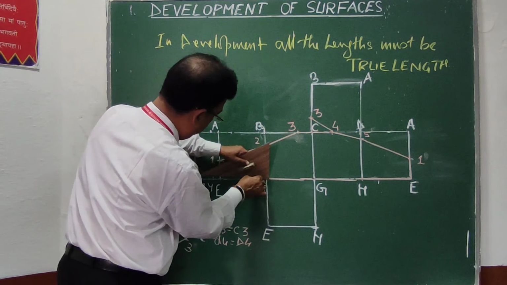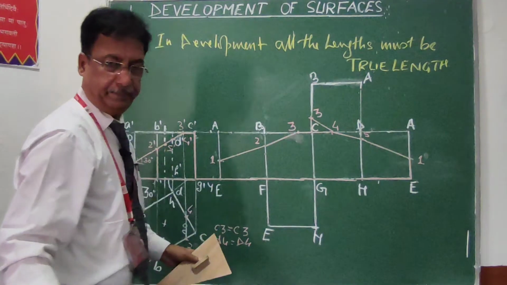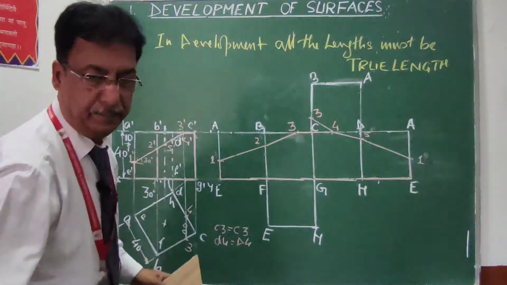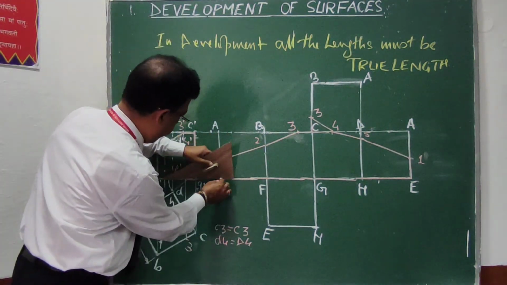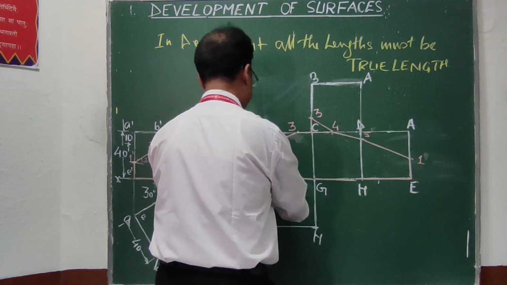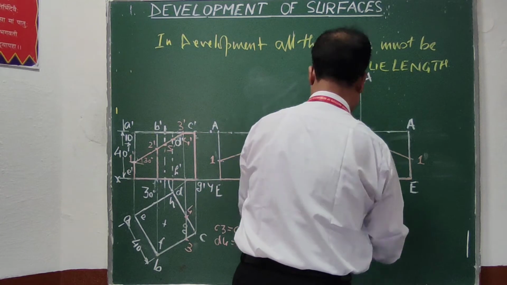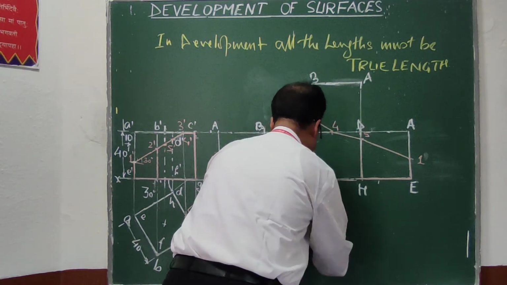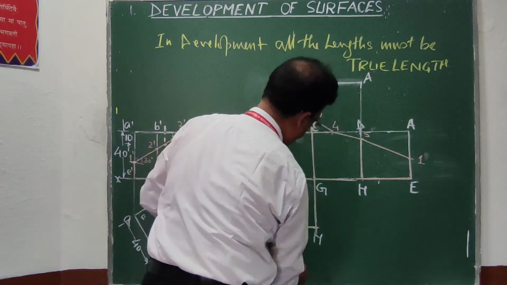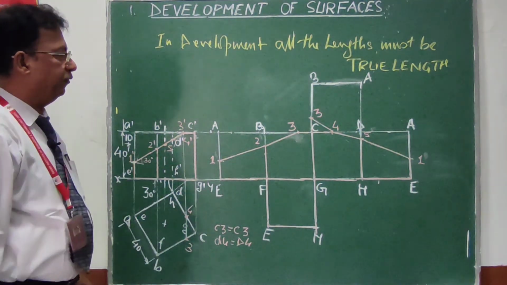And darken all these lines, lower part of the solid. So this is the required development of this cut part of the cube.